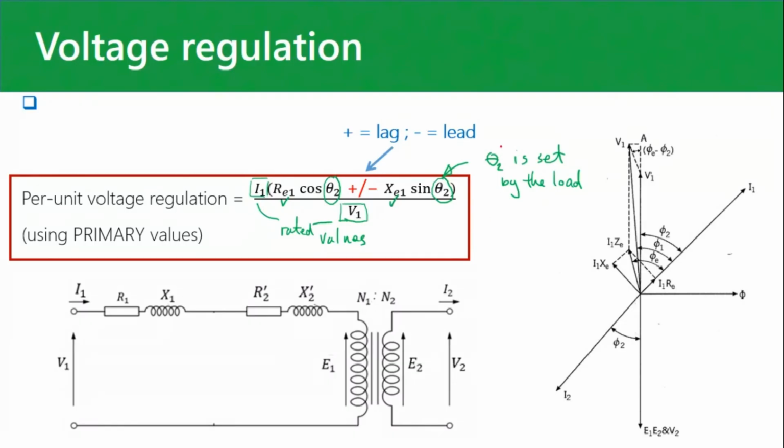We're talking about this load again. If the load has a lagging power factor, this is a plus. If the load has a leading power factor, this plus or minus is a minus.